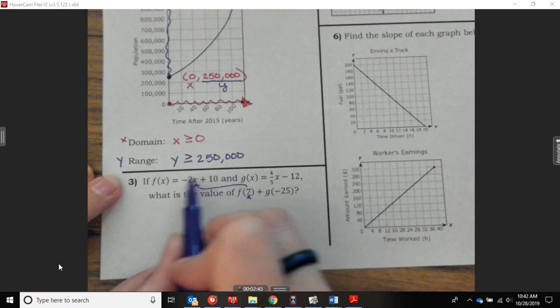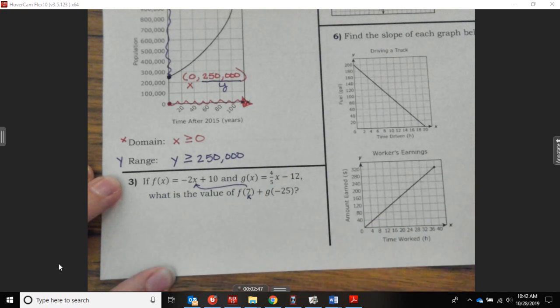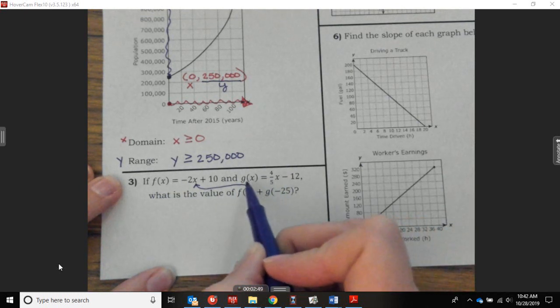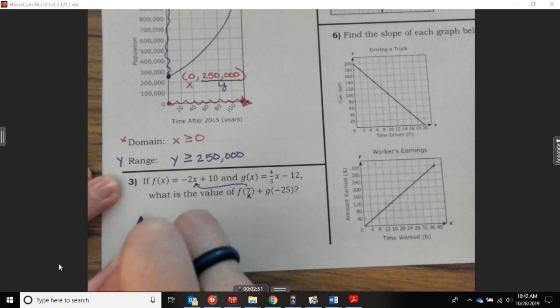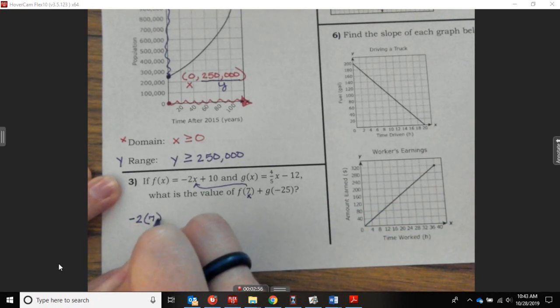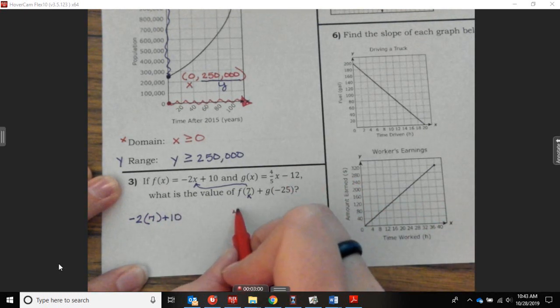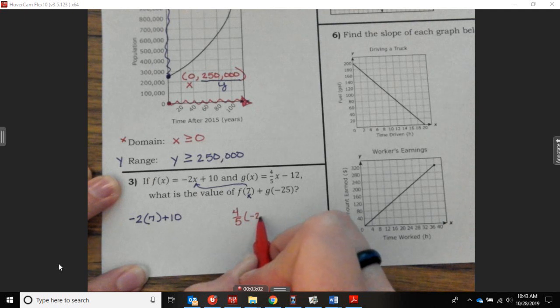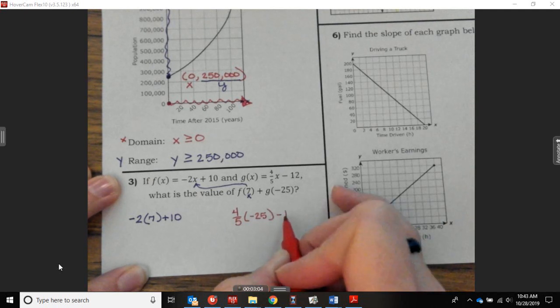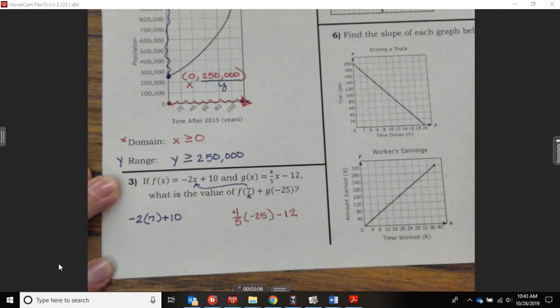This f(7) goes with my function f, and the g(-25) goes with my function g. So you could type in the calculator 2 times 7 plus 10. And then you could type in 4/5 times negative 25 minus 12 and see what those equal.